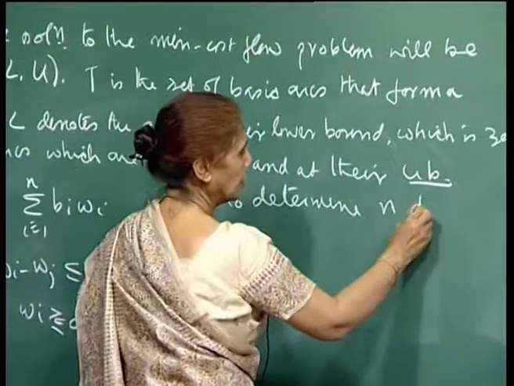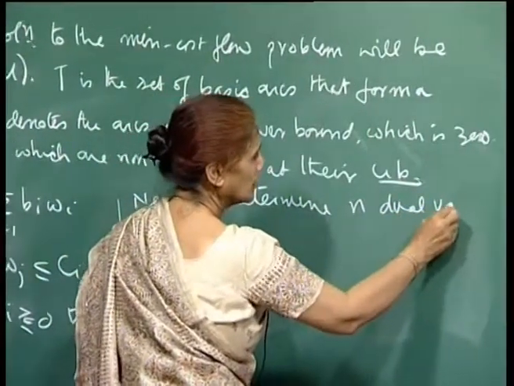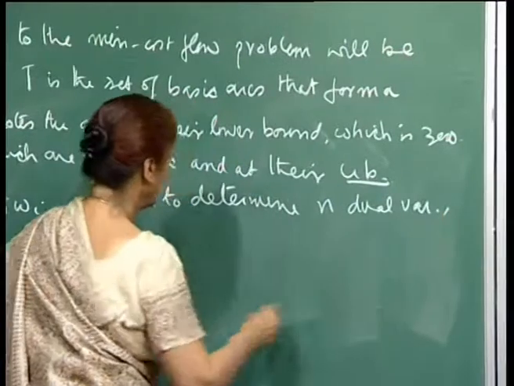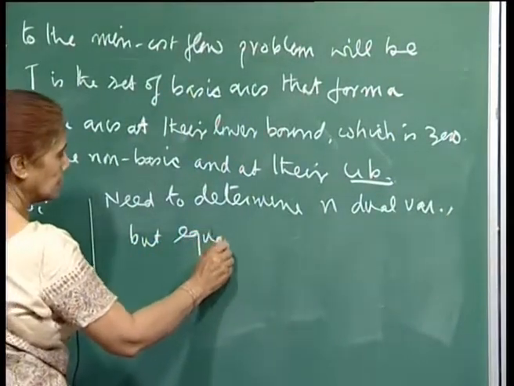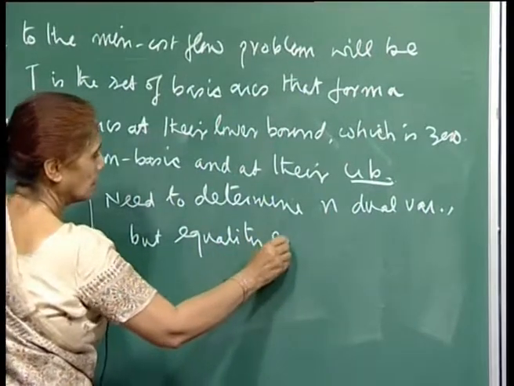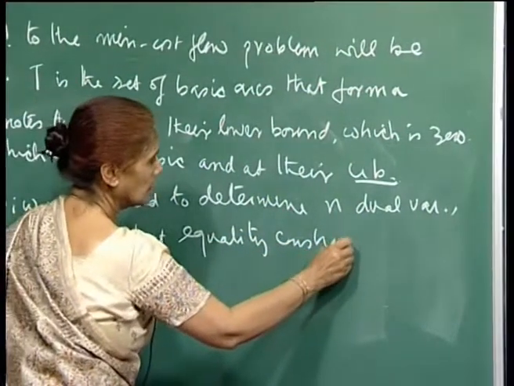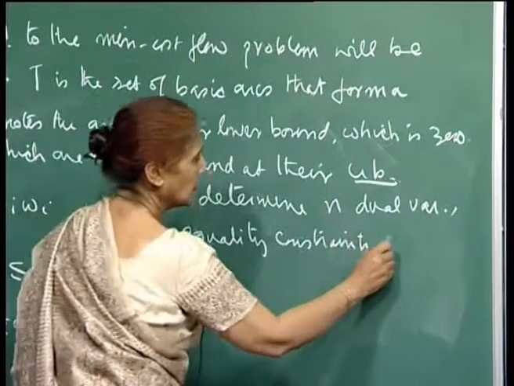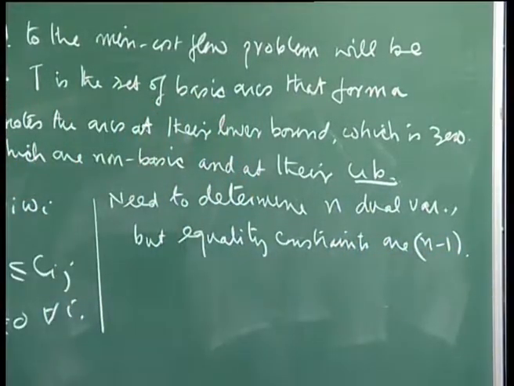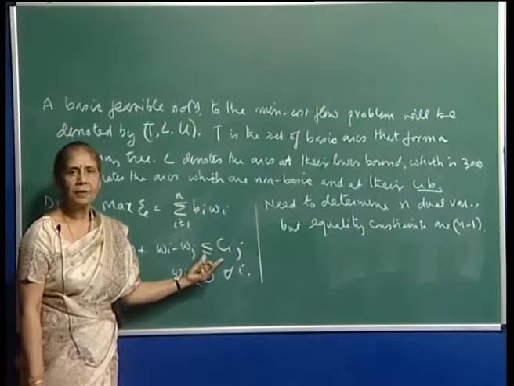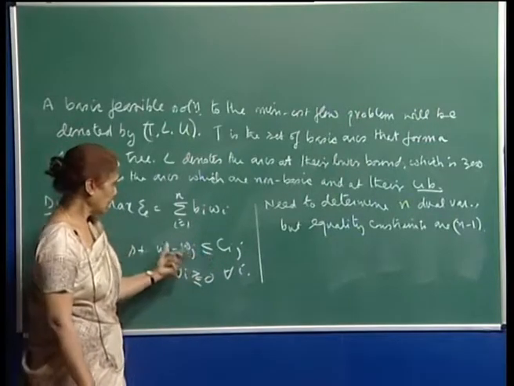Same thing, you need to determine n dual variables, but equality constraints are n minus 1, right, because corresponding to each basic variable, the dual constraint must be satisfied as equality, right. So, we will have n minus 1.